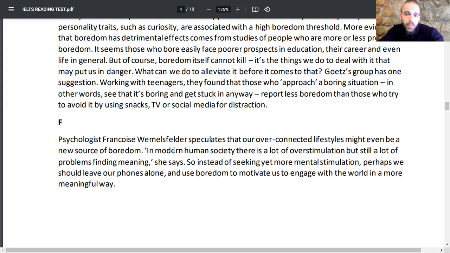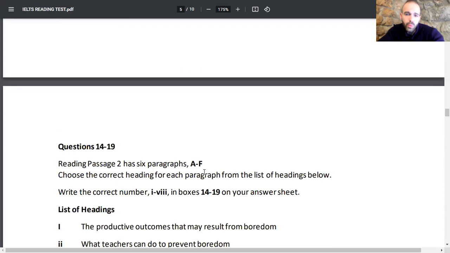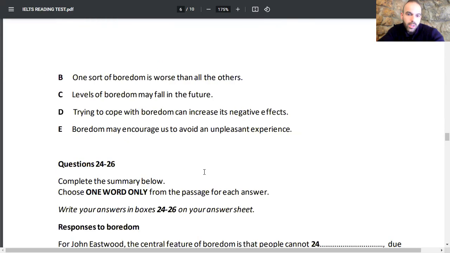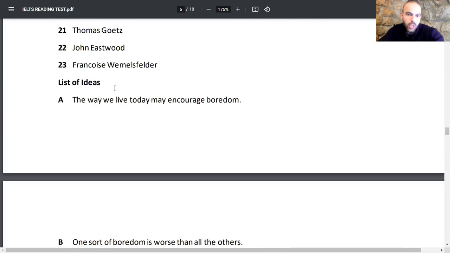So as you can see, modern was found in one of the sentences here as today. So then it's definitely matching with A, okay? So Françoise was matching the way we live today may encourage boredom. Yes, today was written in the paragraph as modern.